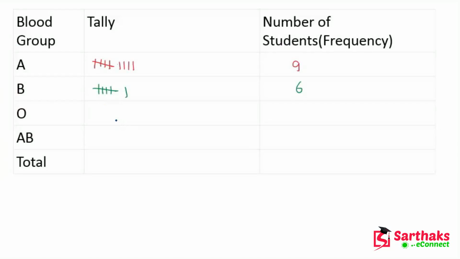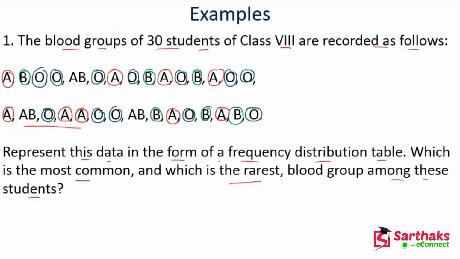So here we can write it like 1, 2, 3, 4, 5, 5, 6, 7, 8, 9, 10 and 11 and 12. So this is the method to write the tally. So this is 12.